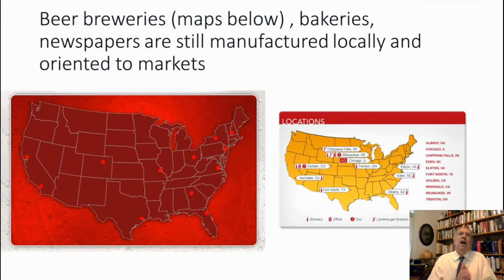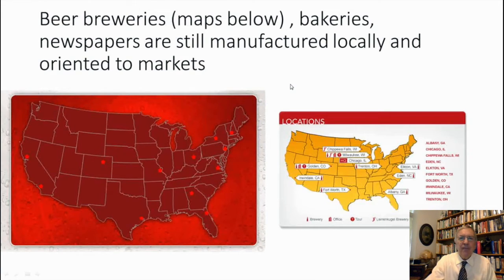But you have to be close because you're printing that paper today and people expect it in their mailbox tomorrow morning, or in the little newspaper stands outside of office buildings and so forth. So these are all different examples of manufacturing that are still around.